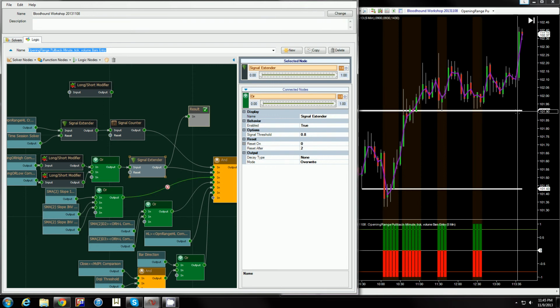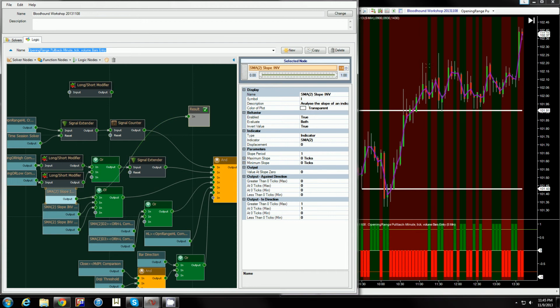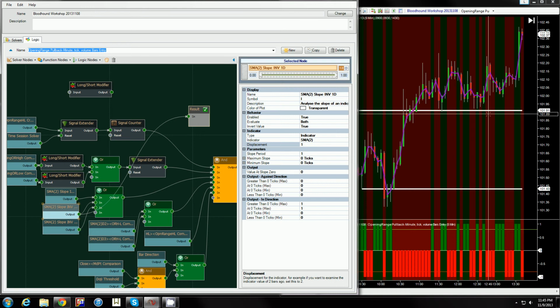So that has to be true. That's our pullback. And then also, one of these 3 conditions must be true. The SMA 2 slope of the current bar must be against the trade. So if the slope is negative, it gives us a long signal. Or if the slope 1 bar ago, so I've displaced it 1 bar. You see that? So if the slope of the SMA 2 period 1 bar ago, you see it shift forward 1.